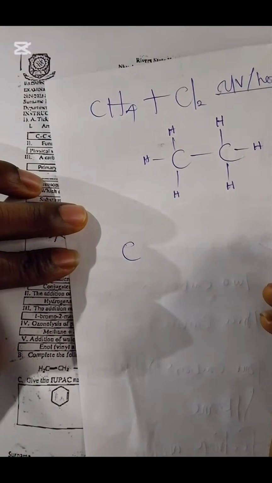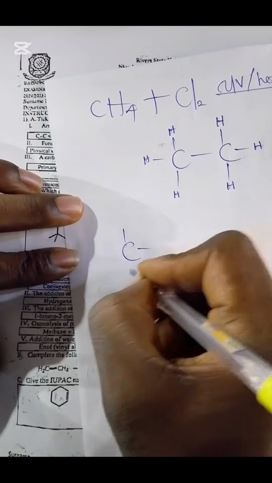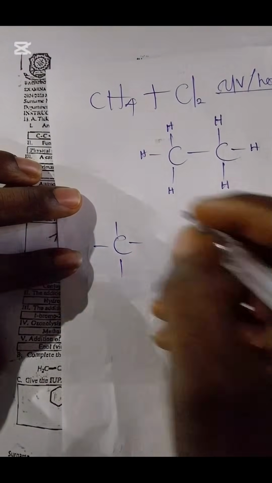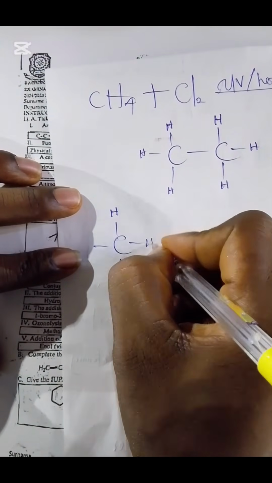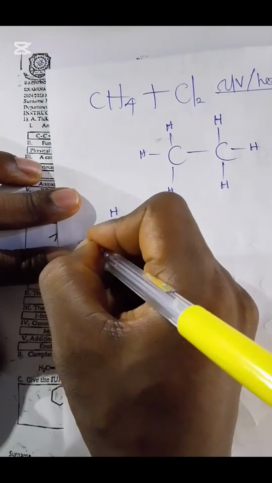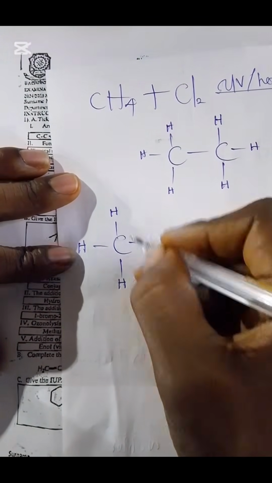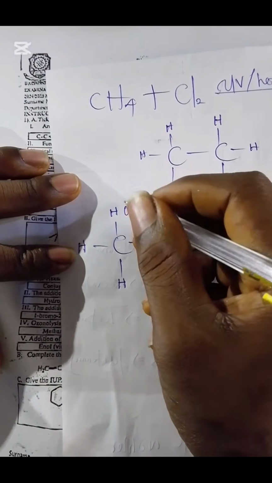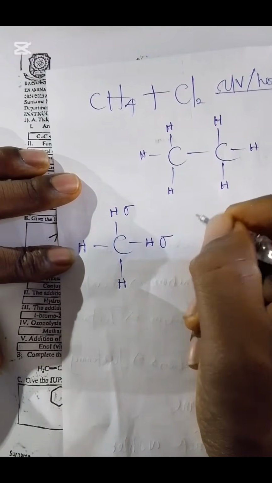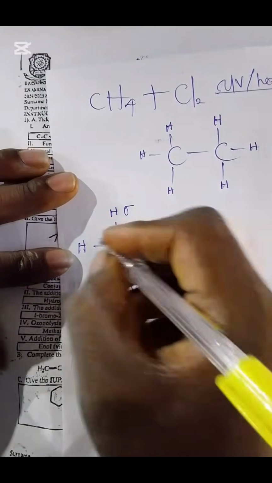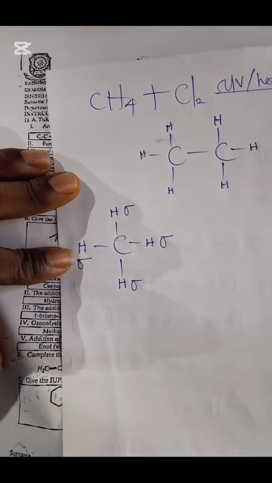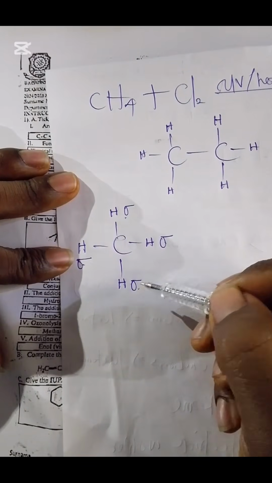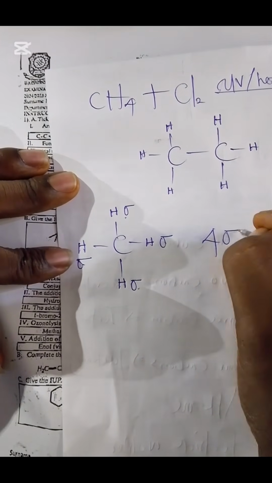This carbon atom can be bonded to 4 hydrogen atoms, so it has 1 sigma bond here and another here, another here, and another here. So the total number of sigma bonds in this carbon is 4.